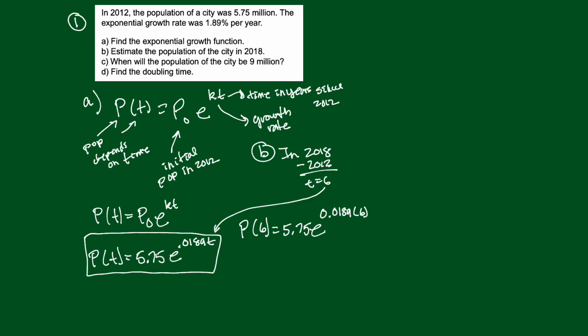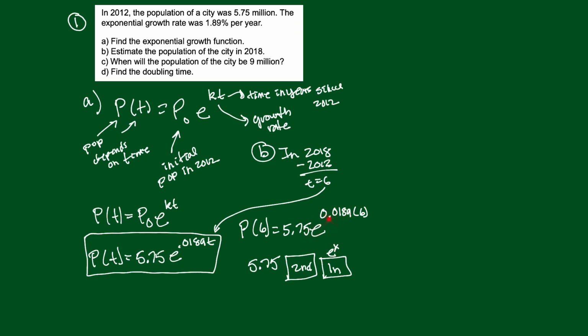Well, this is a calculator problem. So on my TI-84, I'm going to type in 5.75. Then I'm going to press the second key, and then the LN key. Now, these are both on the very left side of your keyboard, because right above the LN key is the key e to the x. And that's what we want here, right? I want that e to the x because that's what I'm going to put in here.